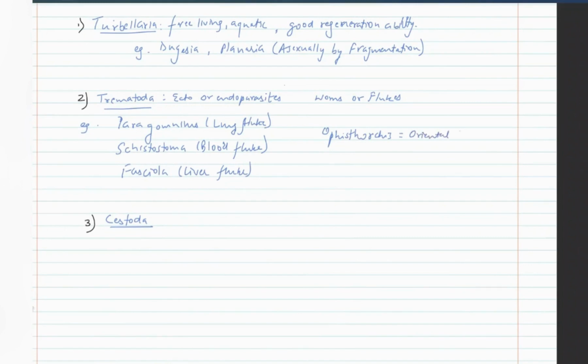In class Cestoda, these are mostly endoparasites in the alimentary canal. In Cestoda, we have Hymenolepis nana, which is known as dwarf tapeworm.